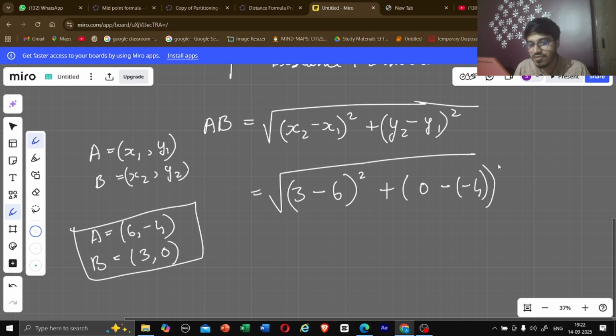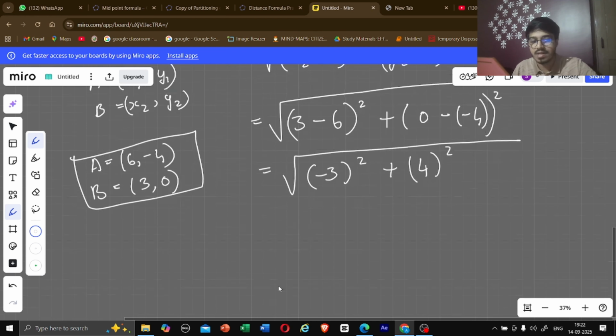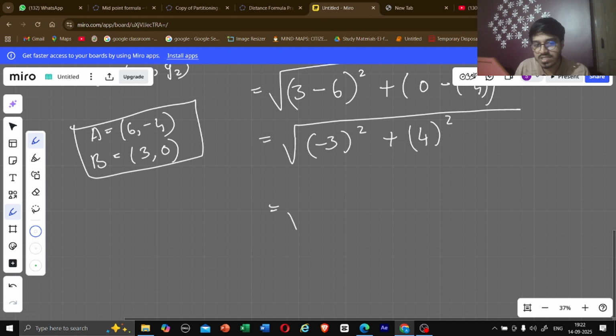Any doubts in this formula? We have just put x1, x2, y1, y2. Okay. So what is 3 minus 6? Minus 3 whole square plus, so minus into minus, it will become plus, 0 plus 4, it's nothing but 4 square. Now what will be the next step?